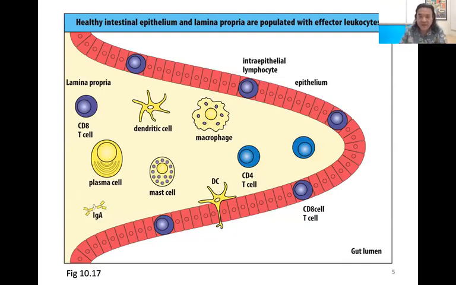So this is a nice slide because it summarizes the types of participants in the mucosal immune response. Again, this is your gut lumen. All the white space on the right part here is the space inside of your intestine. You have a very thin, delicate layer of epithelium.